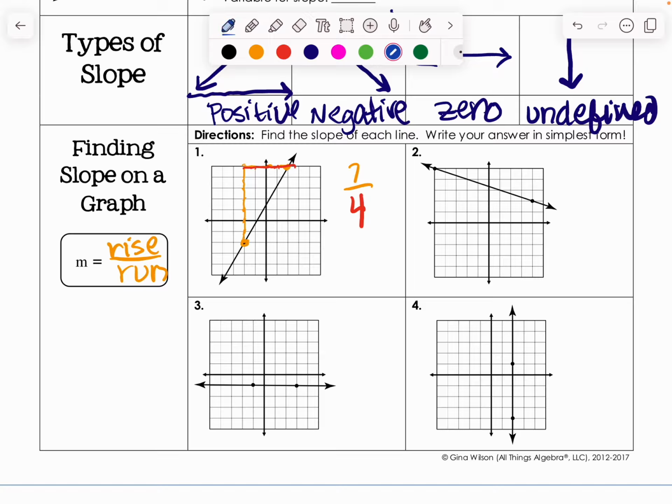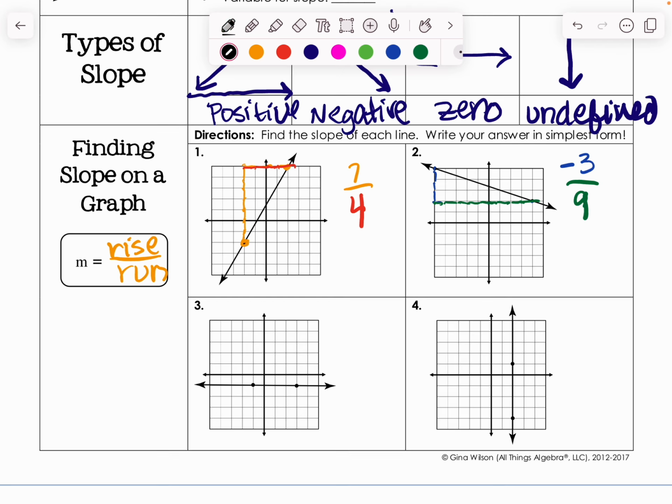All right, then we look at number 2. 2 points here to here. We go down 1, 2, 3. So I'm gonna go down, that's where I'm gonna write my negative because I'm going down, and I'm going to the right 1, 2, 3, 4, 5, 6, 7, 8, 9. Okay, this is almost all done.